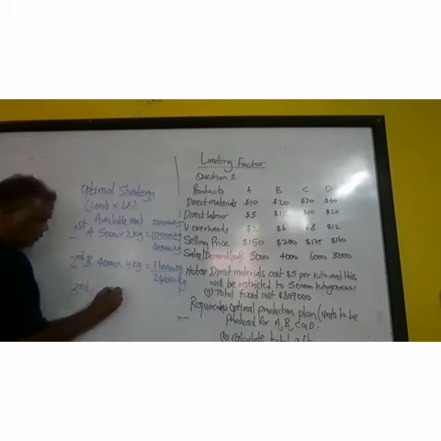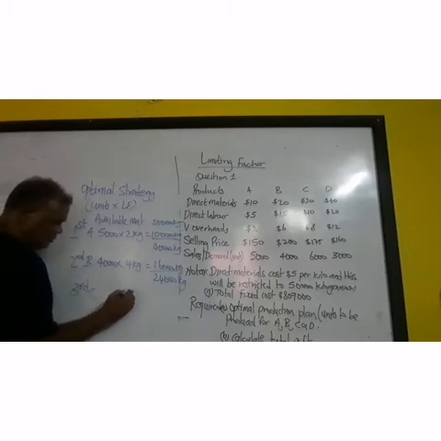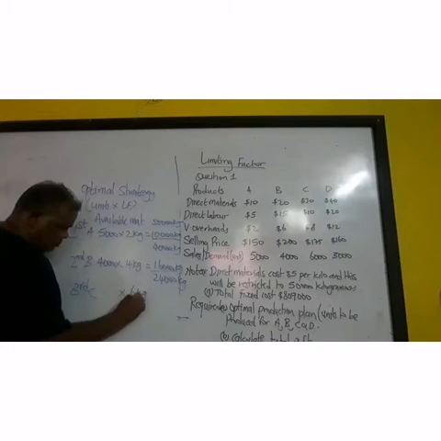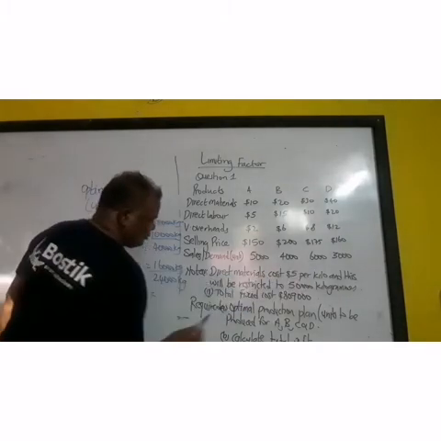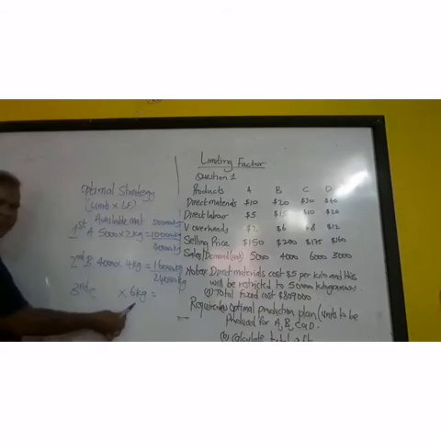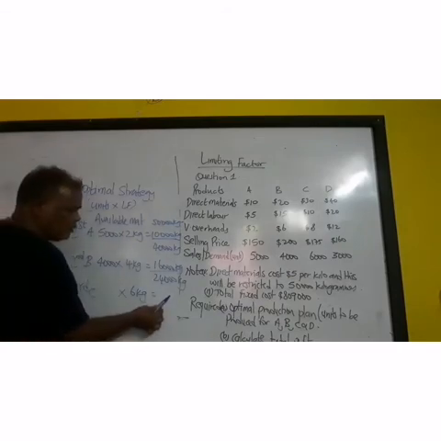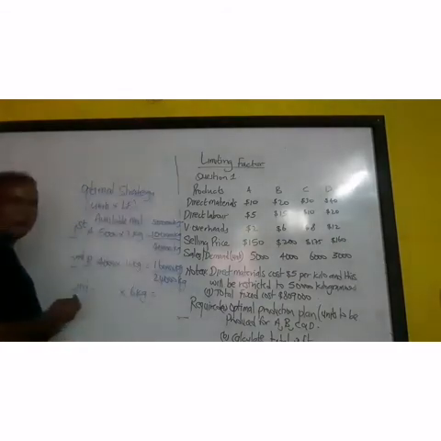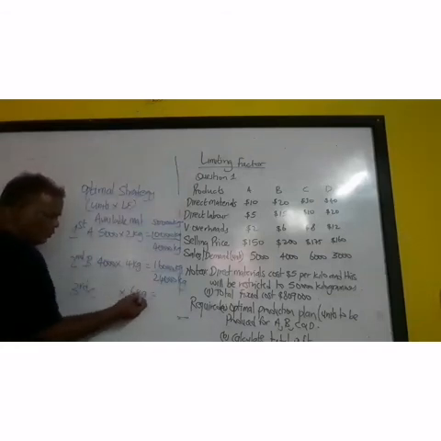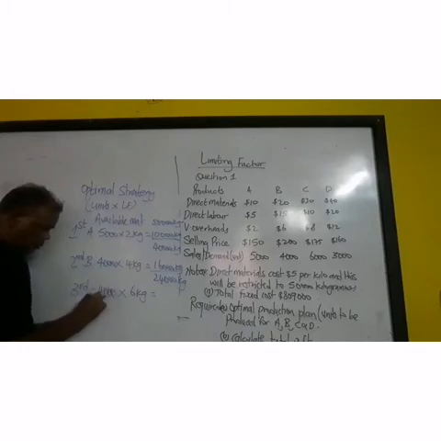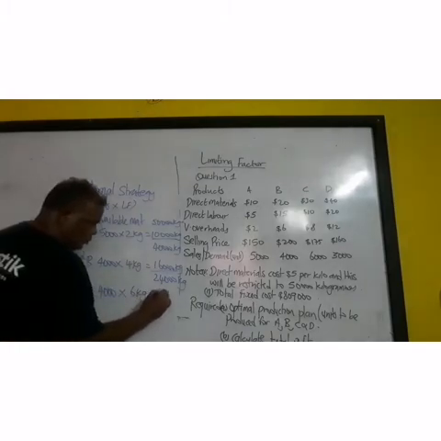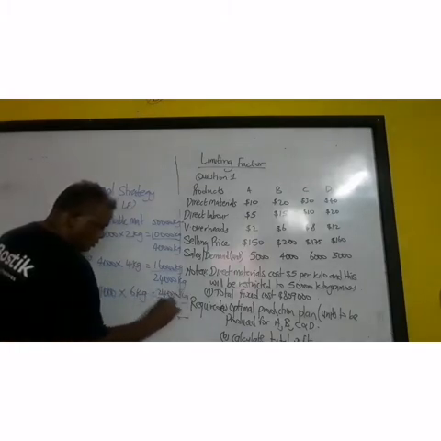The limiting factor is 6 kilogram, and we have to produce 6,000. 6,000 times 6 is 36,000 kilograms, but we have only 24,000 kilograms. In this case, 24,000 divided by 6 will give us 4,000 units. Therefore, all materials will be used.